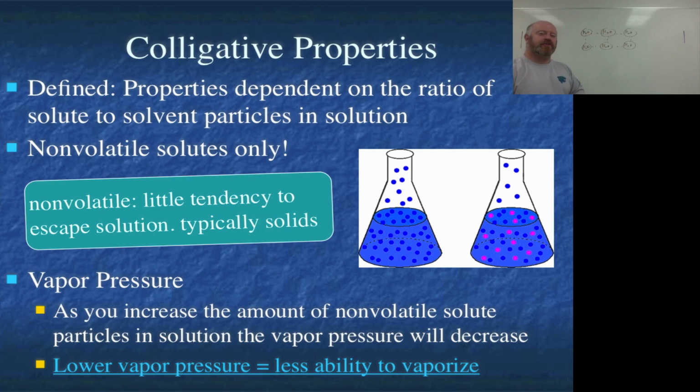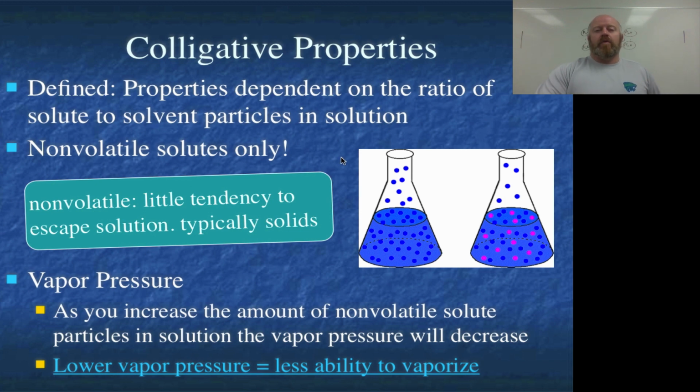As soon as we start adding solute in, so we start adding in some sodium ions or some chlorine ions, what can happen is these chlorine ions and sodium ions start to disrupt some of this hydrogen bonding. And when you disrupt that hydrogen bonding, it changes what happens to your solvent. So some properties change.